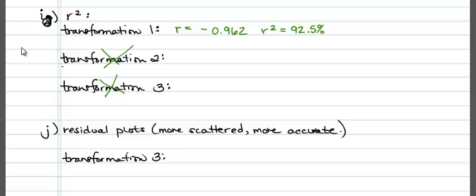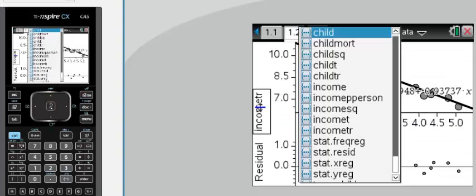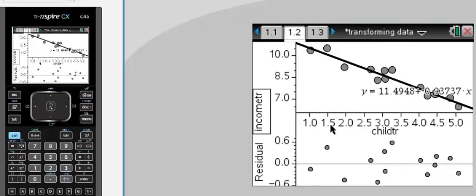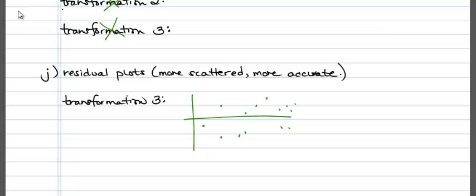When you look at transformation number 3, I don't know if you sketched it, but the residual plot was just so much more scattered. No pattern, but really filled in and used the whole entire graph as well. So to me, I think this is the best possible way of predicting.